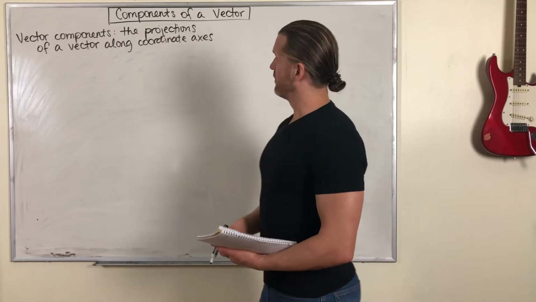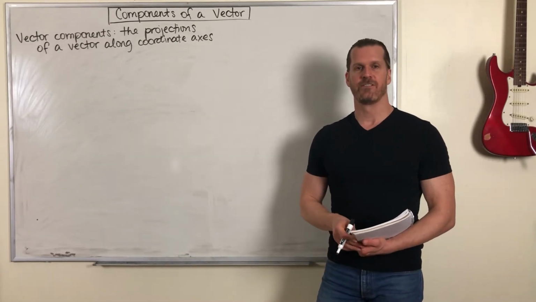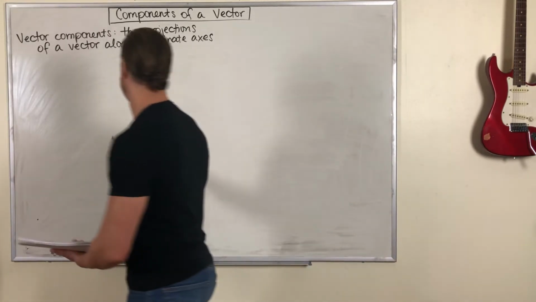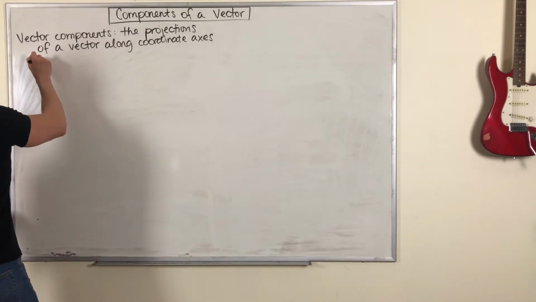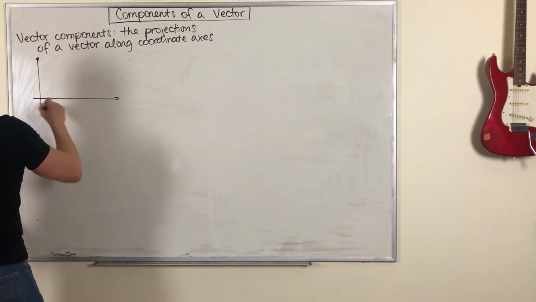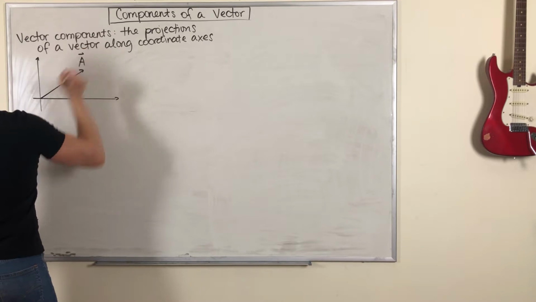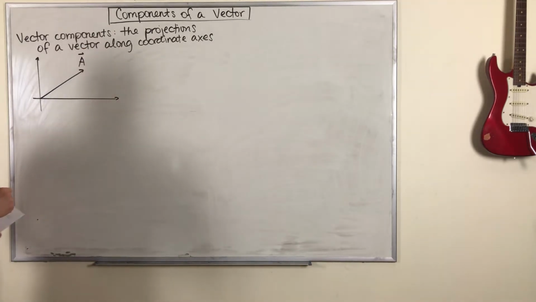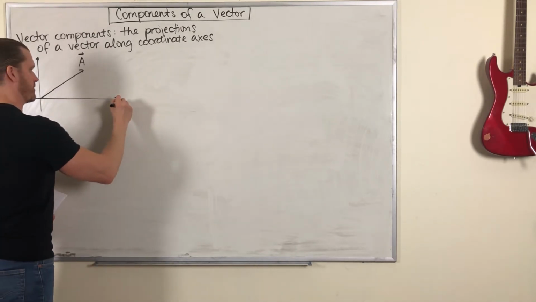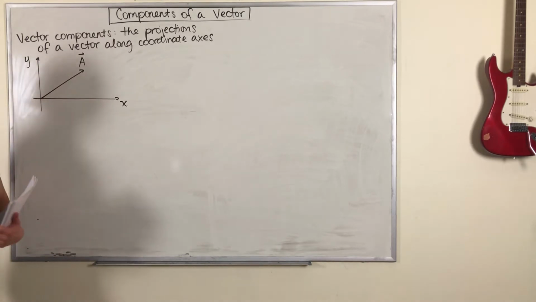So the components of a vector are the projections of a vector along coordinate axes. What does that mean? Let's draw a picture. So let's say we have a vector A, looks like that, and I place it on a coordinate system with an x-axis and a y-axis.